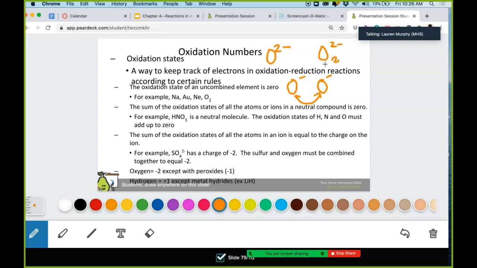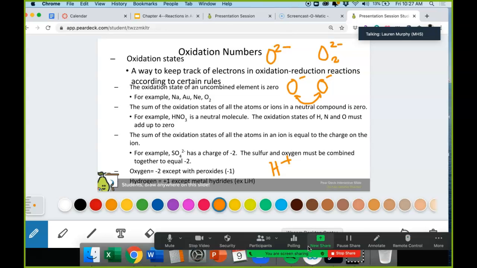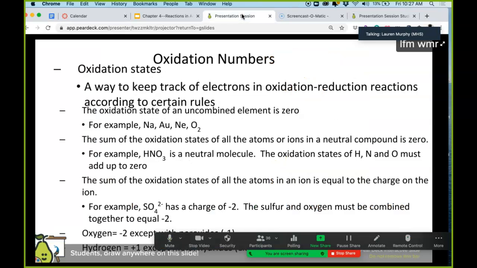This is a peroxide, and it's the rare instance that oxygen is not -2. This also happens with hydrogen ions. Hydrogen ions are almost always +1. But when they're with a metal, the metal gets the positive charge, and that leaves the hydrogen being -1. Those are called metal hydrides, and they're not super common, but they do happen for those two.